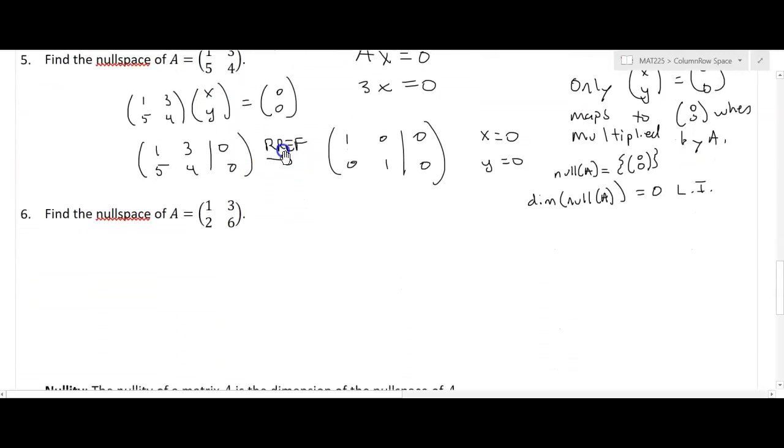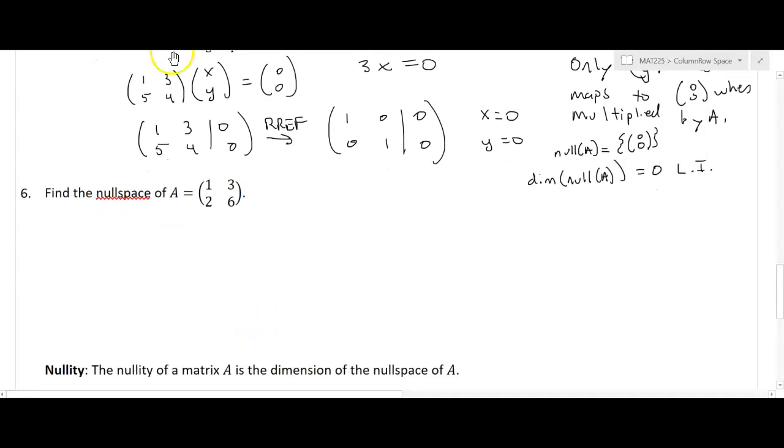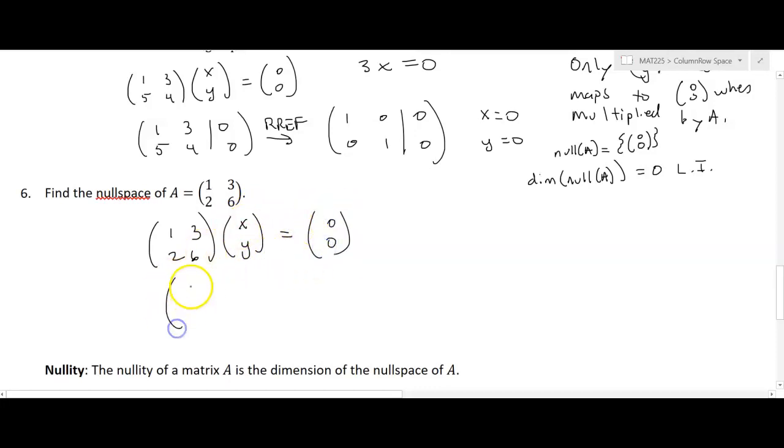Okay, let's look at one where perhaps there's going to be more than just the 0 vector. Here we're saying what's the null space of A times x, where A is 1, 3, 2, 6, times x, y. What x, y vectors will get transformed and produce the 0 vector? So I can solve that system of equations to determine that.